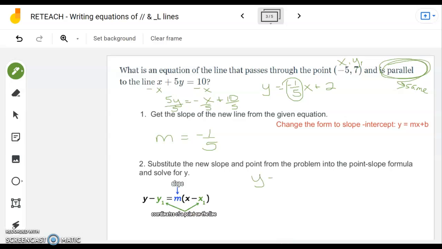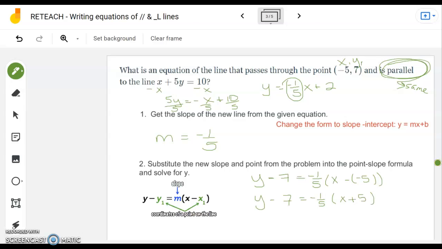So I'm going to have y minus 7 equals -1/5 times x minus -5. I do need to clean up that double negative, so I'm going to have y minus 7 equals -1/5 times x plus 5.